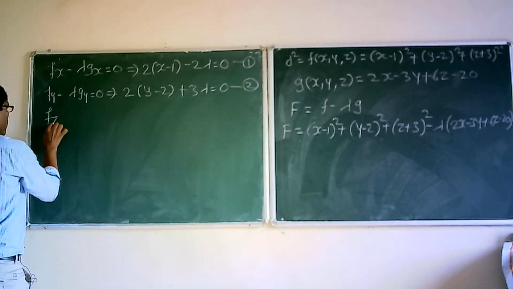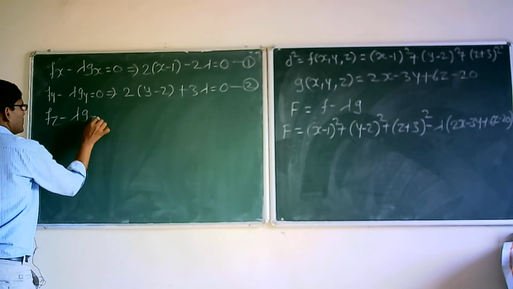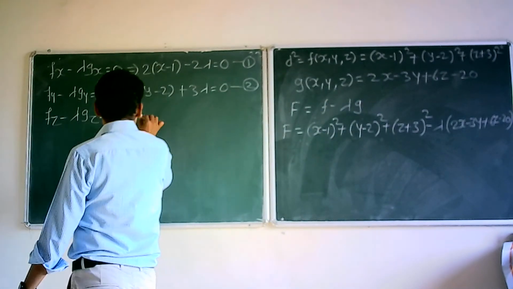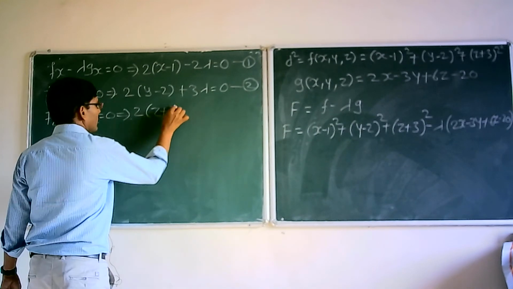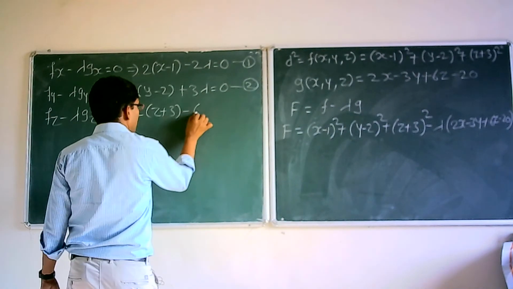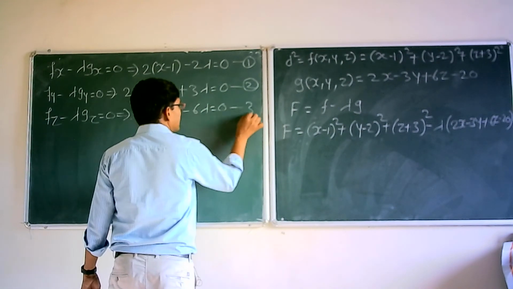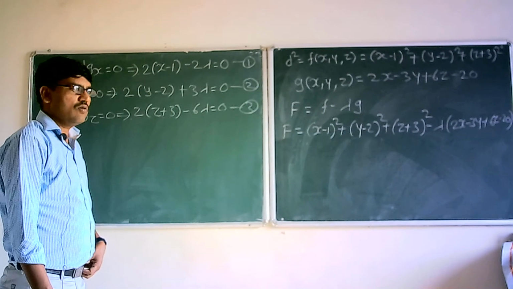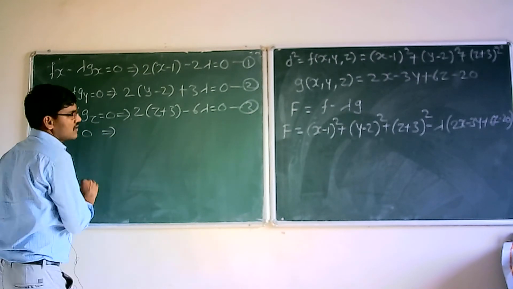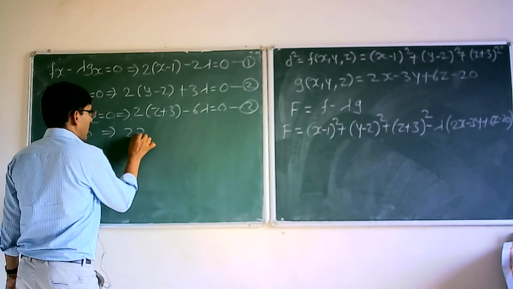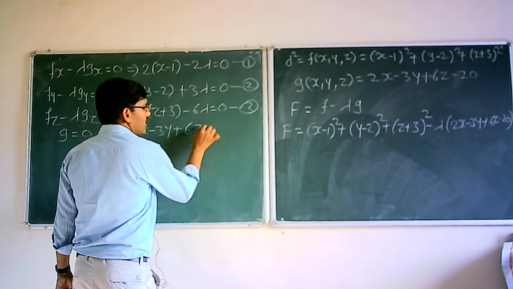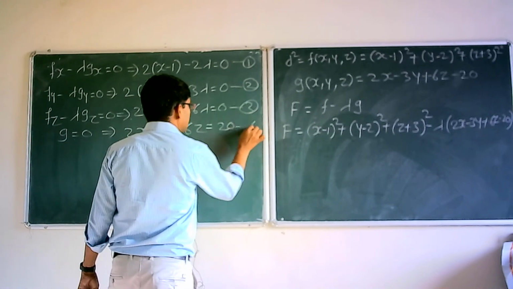And third, f of z minus lambda g of z equal to 0 implies 2 times z plus 3, and the derivative with respect to z is what? 6. So minus 6 lambda is equal to 0. So this is equation number 3. And the last, equation number 4, g is equal to 0 implies twice x minus 3y plus 6z is equal to what? 20. So this is equation number 4.